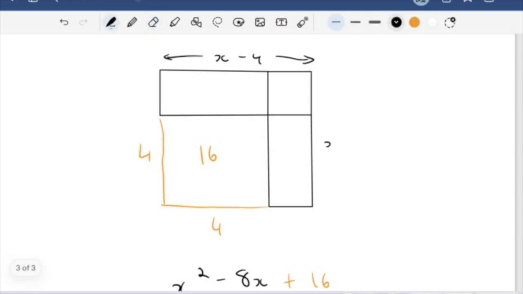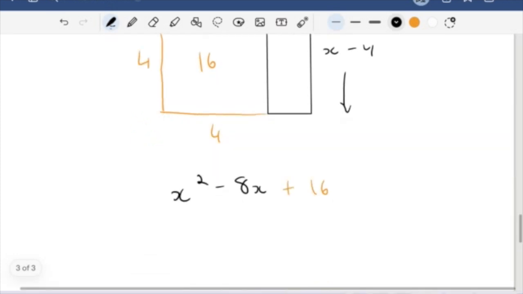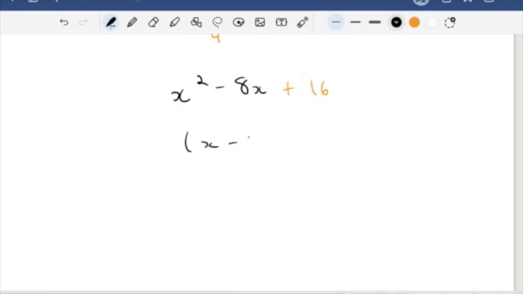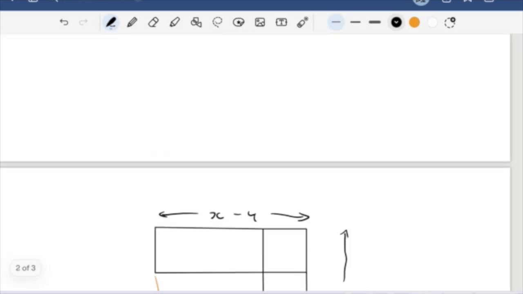I'm going to have x minus 4. So when this whole thing factorizes out, the dimensions of the square I've made is just going to be x minus 4 all squared. So it's a very similar result to what we had up the top.